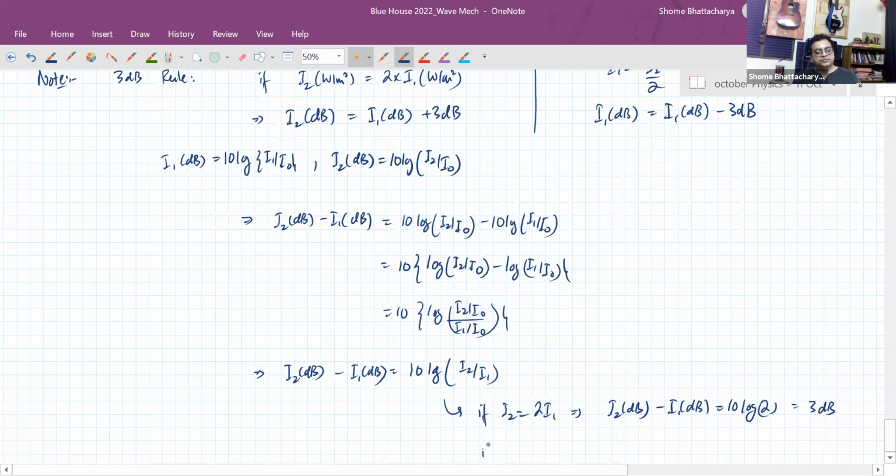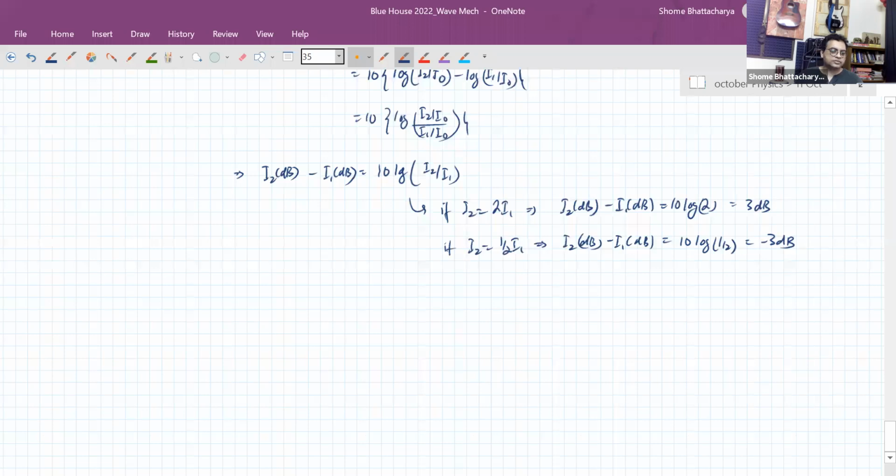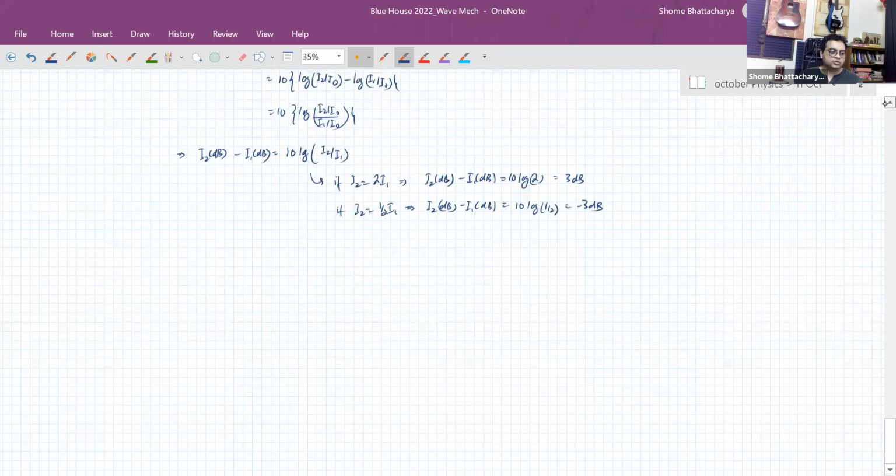And on the other hand, if for example I2 is half of I1, then I2 in decibel minus I1 in decibel will become 10 log half, which is minus 3 decibel. That's how this 3 dB rule works. So it's actually nothing, it's just the application of the fact that log 2 is 0.3.